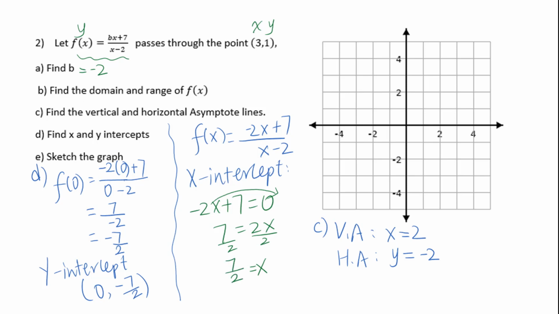Then we sketch the graph. We have two types of graph for this rational function with linear over linear. Either this or this.